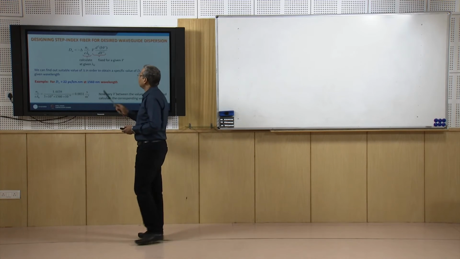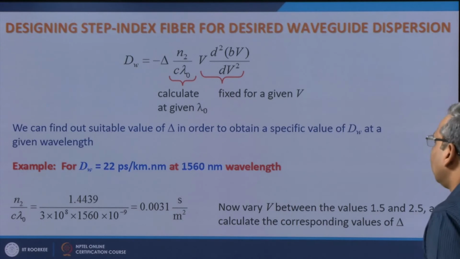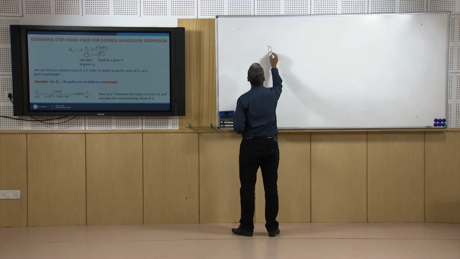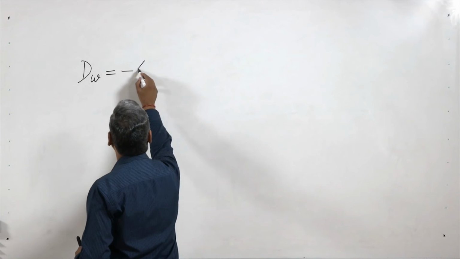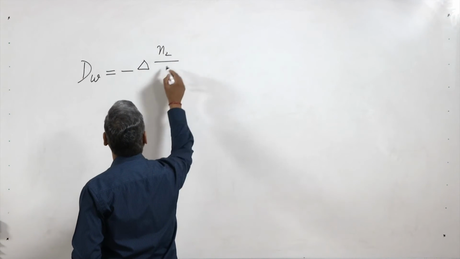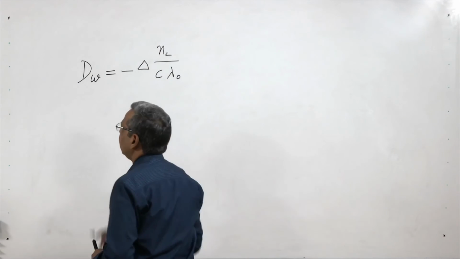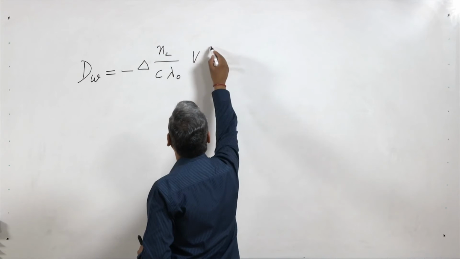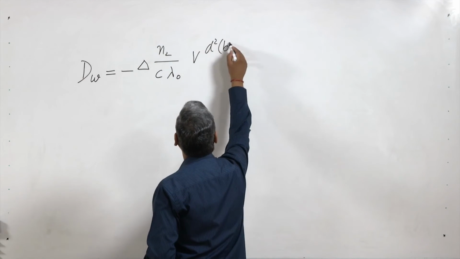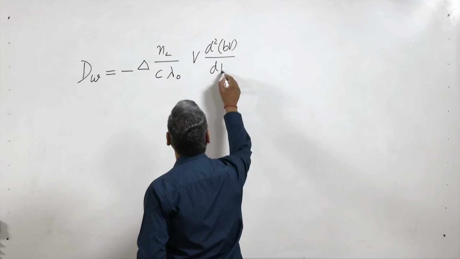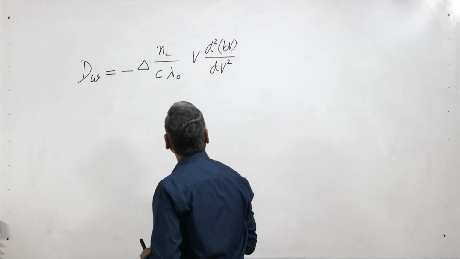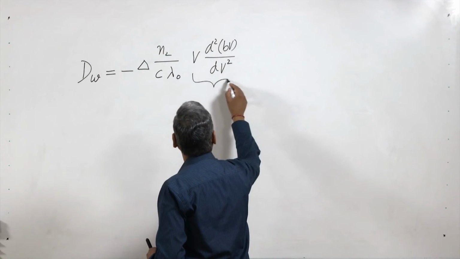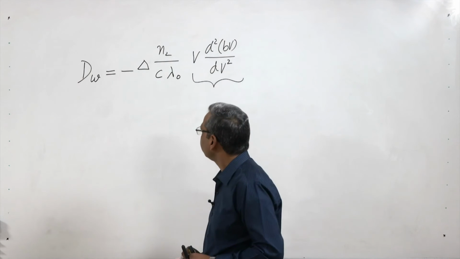So, for that, if I look at this expression of waveguide dispersion, then it goes as dW is equal to minus delta N2 divided by C lambda naught times V d2bV over dV square. Now, for a given value of V, this is fixed.